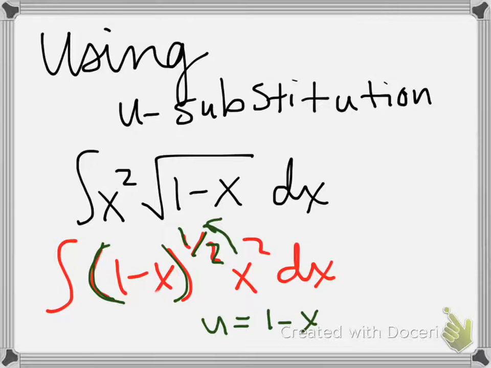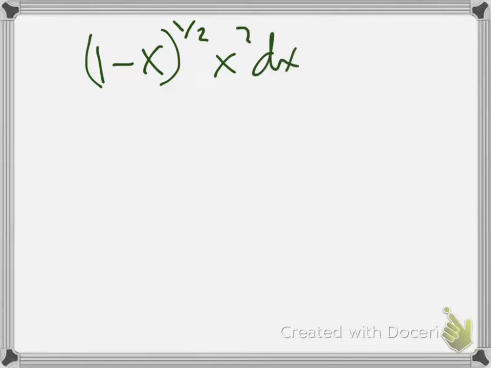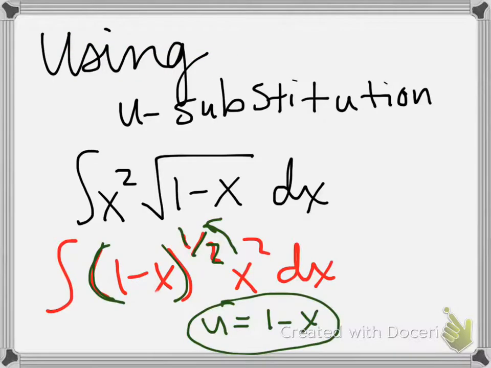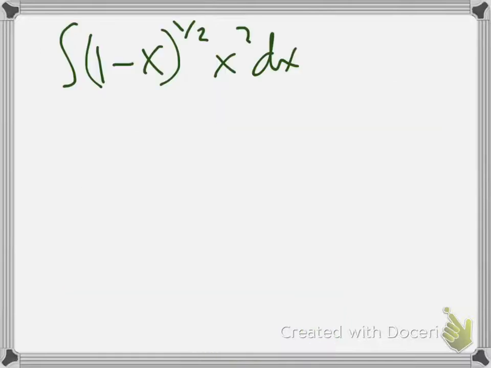Okay? Now, from here, I'm going to find the derivative of this. So I'm actually going to scoot to the next page so that you can see what's going on. So remember, I have 1 minus x to the 1/2 power. Then I have an x squared dx. Let me check myself, make sure I got it all.